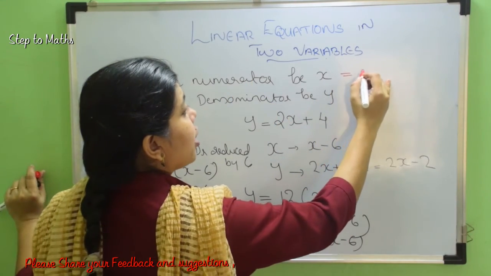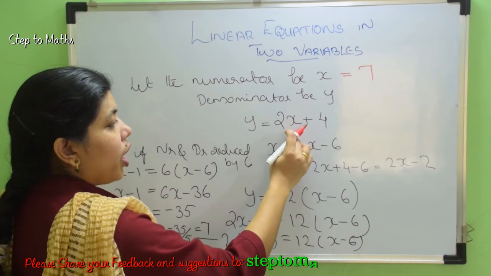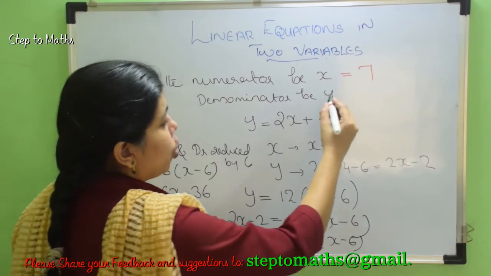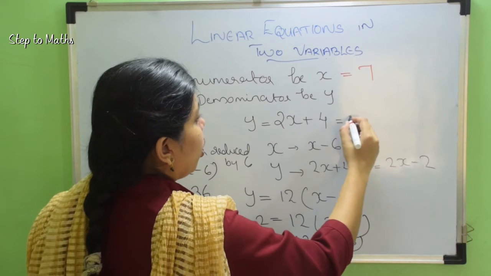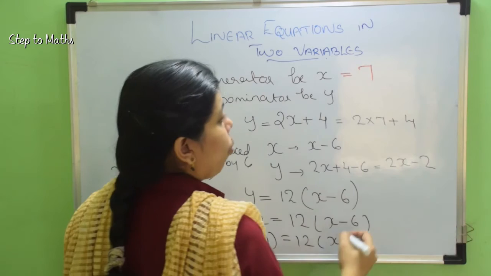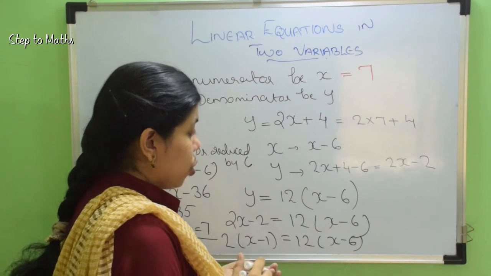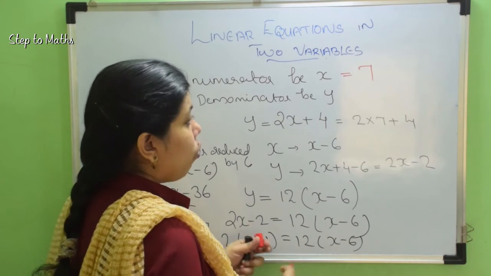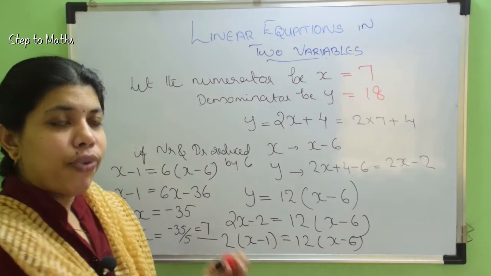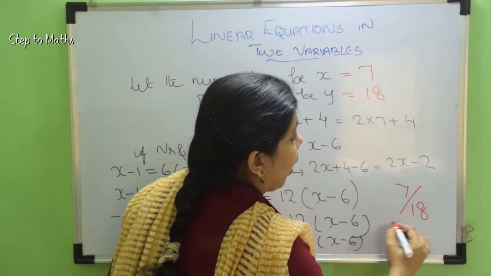Now the value of y: if we substitute x equal to 7 in y equals 2x plus 4, it becomes 2 into 7 plus 4. 2 into 7 is 14, 14 plus 4 is equal to 18. So the value of y is equal to 18. The fraction is 7 upon 18.